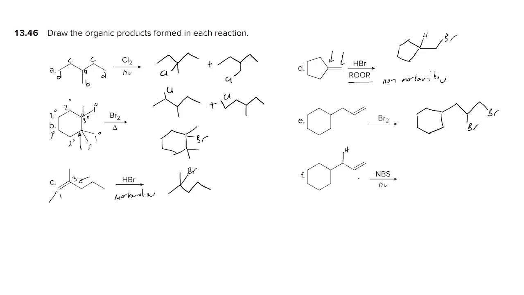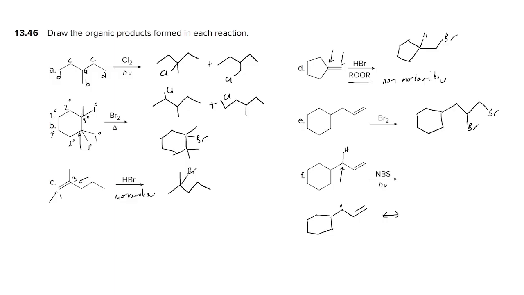So again, the first step is going to be the generation of the radical species, and the radical will form exclusively at this allylic position. Let's just draw the intermediate, then we can guess what the product is going to be. So this is going to be our radical intermediate, and we know that allylic radicals can undergo resonance.